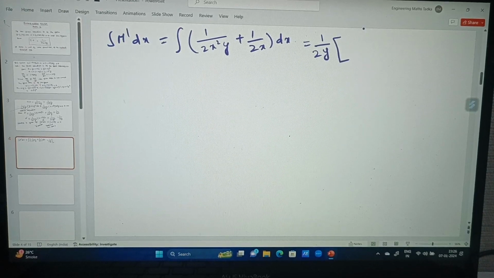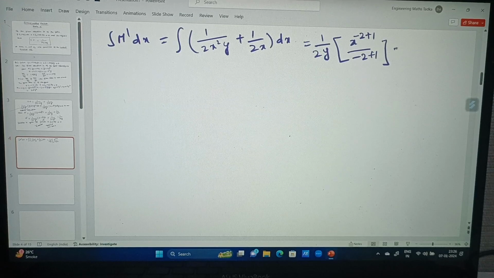And what is integral of 1 upon x square? 1 upon x square can be written as x to the power minus 2. x to the power minus 2 का इंटीग्रेशन क्या होता है? x to the power minus 2 plus 1 upon minus 2 plus 1, plus 1 by 2 integral of 1 by x dx will be equal to log x. So how do we write? This can further be written as minus 1 upon 2xy plus 1 by 2 log x.